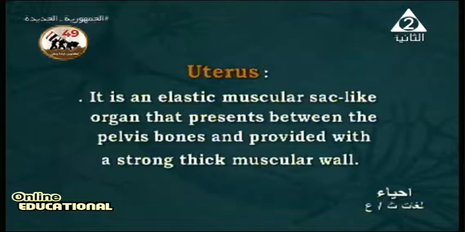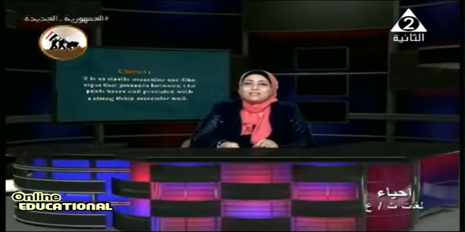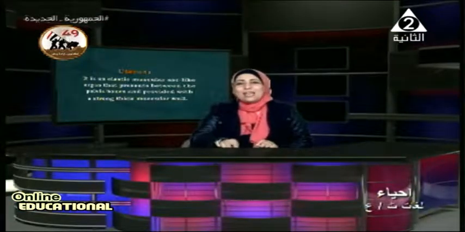What is the uterus? The uterus is an elastic muscular sac. What is elastic? Elastic means it can expand and contract easily. The uterus is an organ which expands and contracts according to the size of the baby.